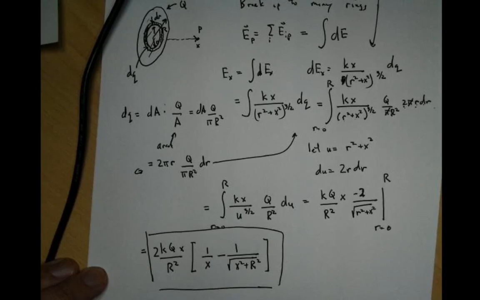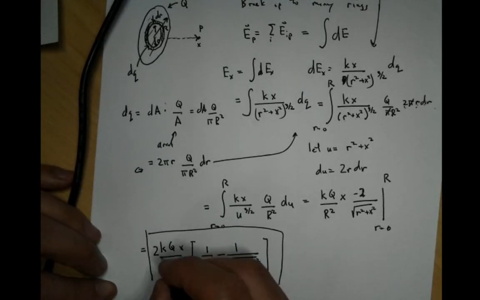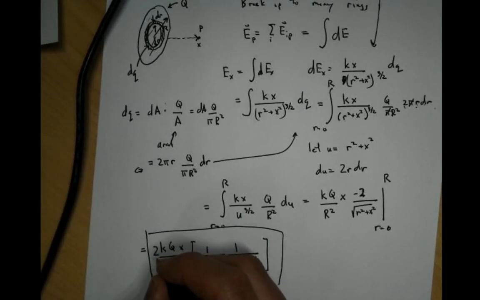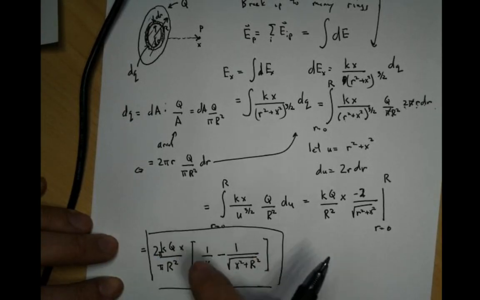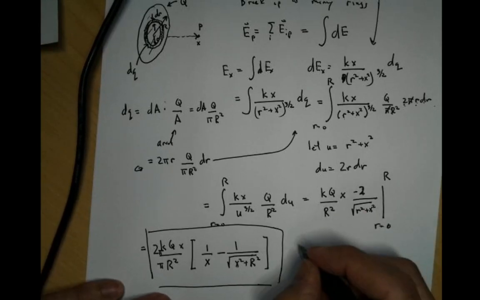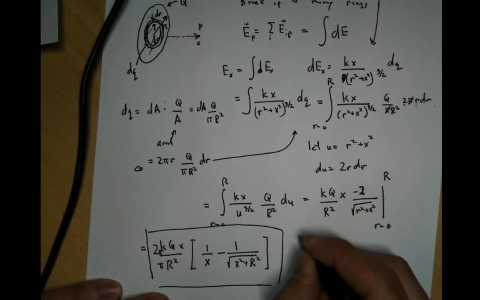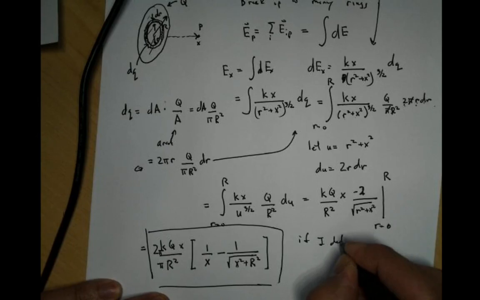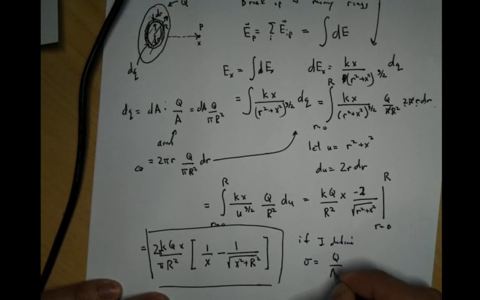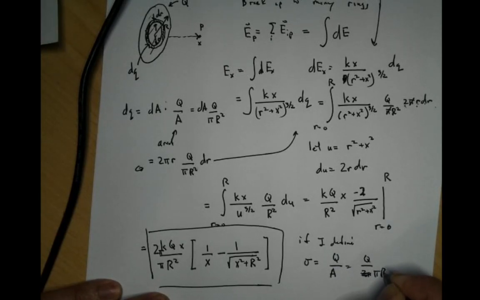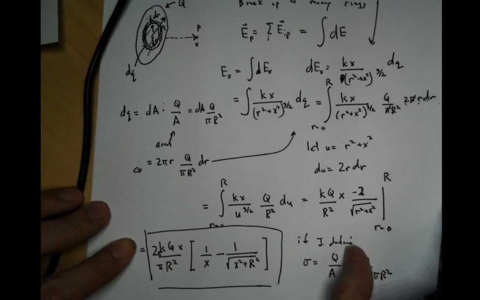Now if I bring back the pi's here, then what we'll notice is that if I define sigma as a surface charge, and it's Q over A, in this case it's Q over pi R squared, this makes it slightly simpler.